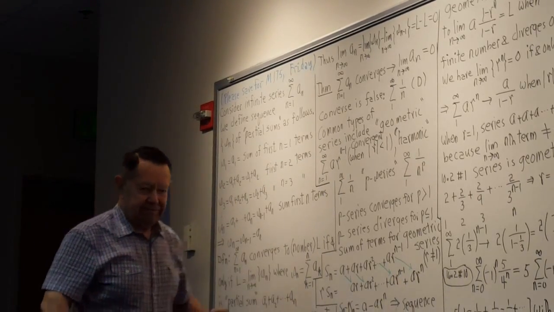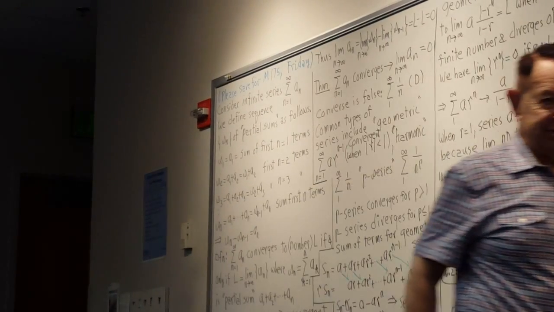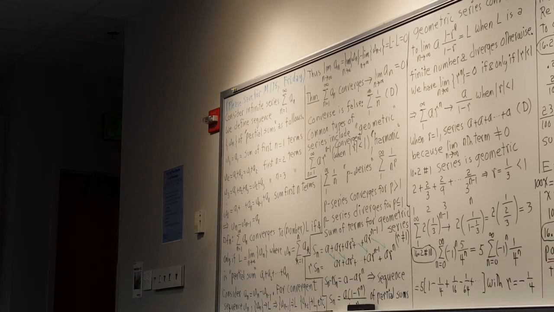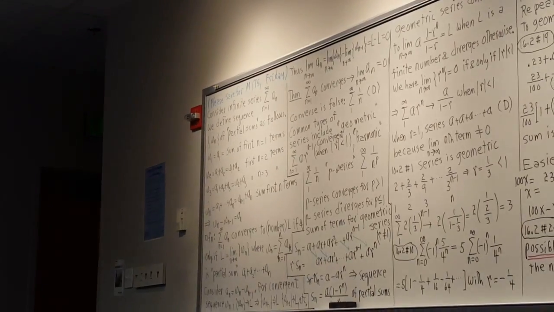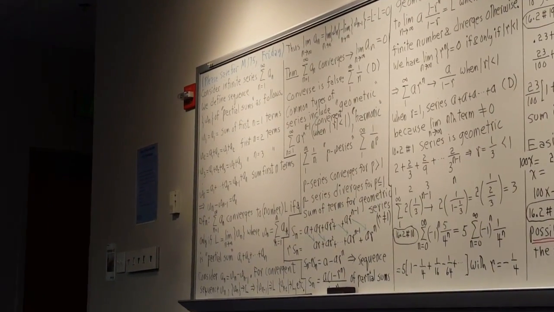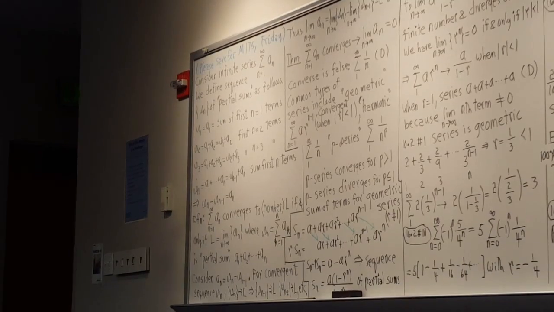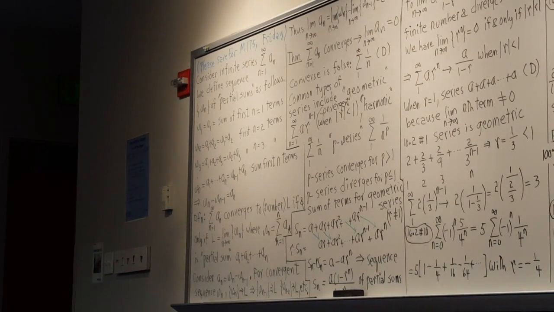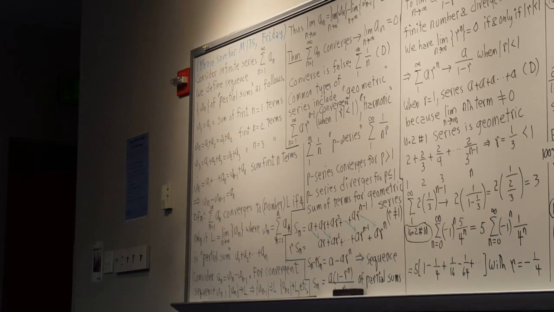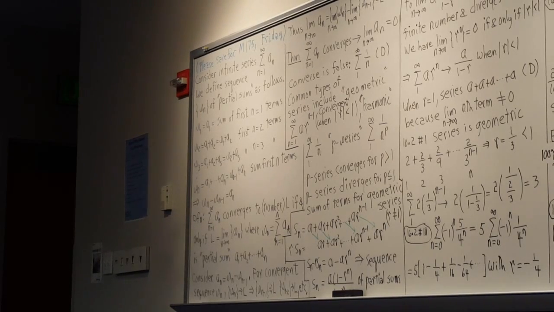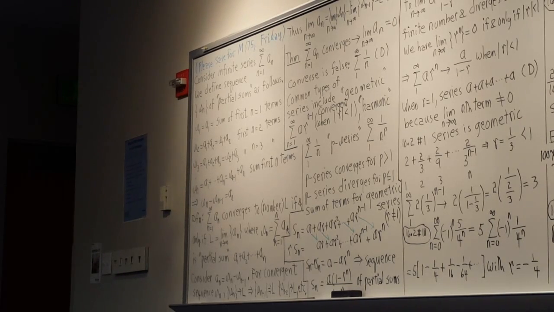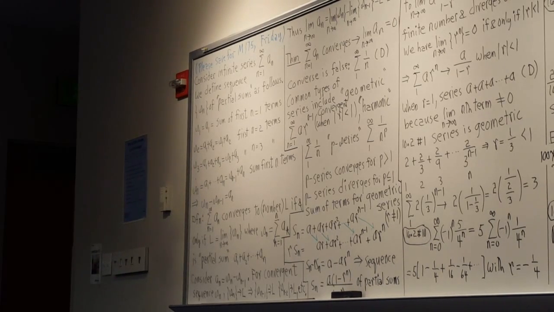Notice the long sheet of paper which you got yesterday or just got this morning, and it's copied from another book, obviously, and it has most of the various tests that we will learn to work with in this chapter for convergence of a series.